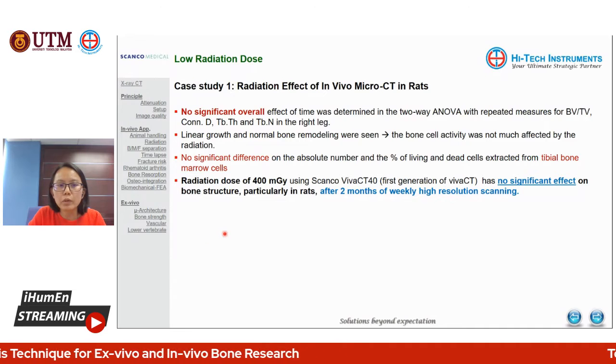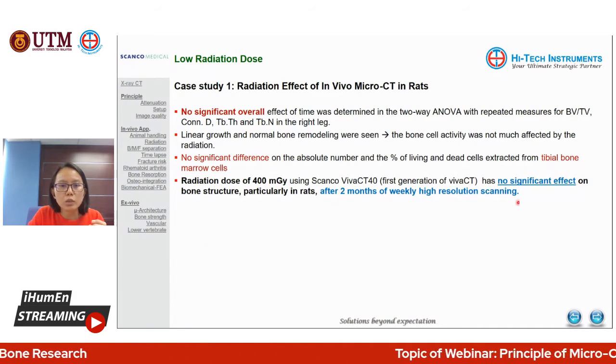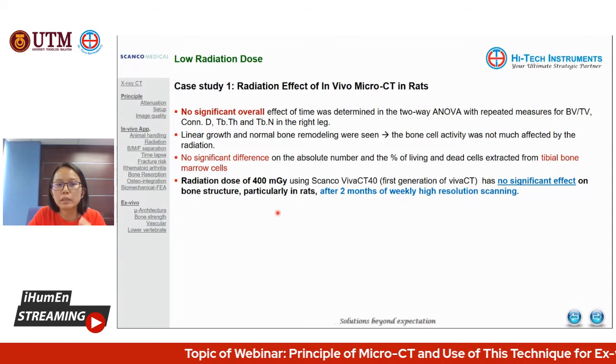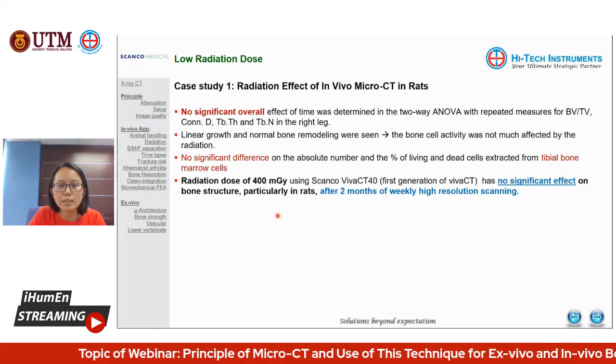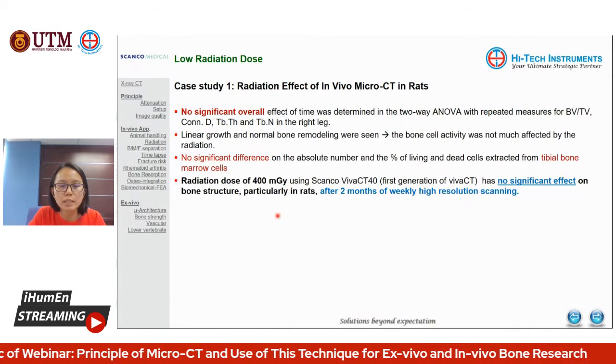So they came to the conclusion that a radiation of 400 milligray has no significant effects on the bone structure, particularly in the rat, after 2 months of weekly high resolution scanning.